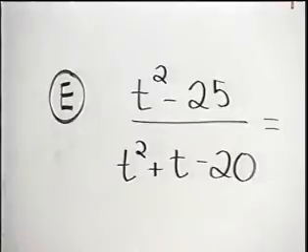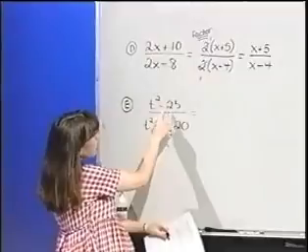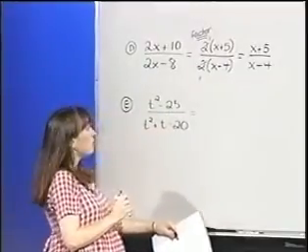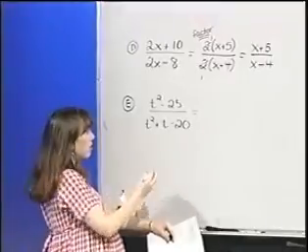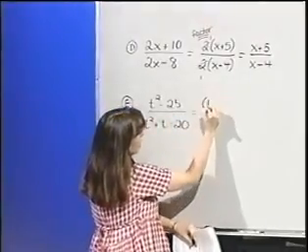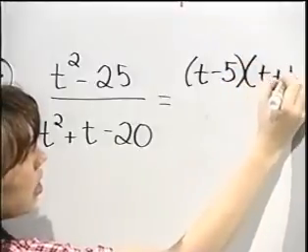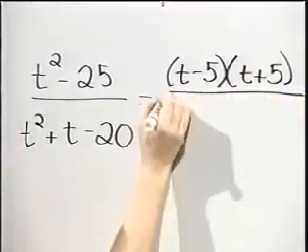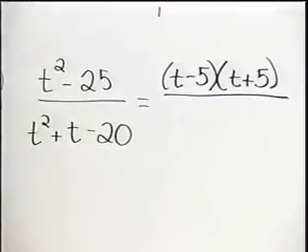So let's factor first and make a product. T squared minus 25, you should be getting good at this now. This is simply difference of squares. This factors as t minus 5 times t plus 5. Double check: t squared minus 25 factors as t minus 5 times t plus 5.